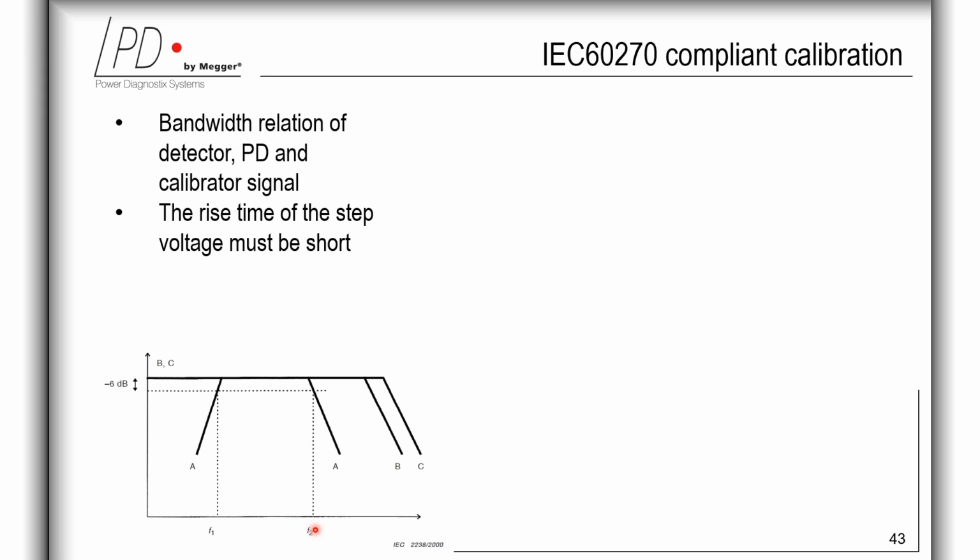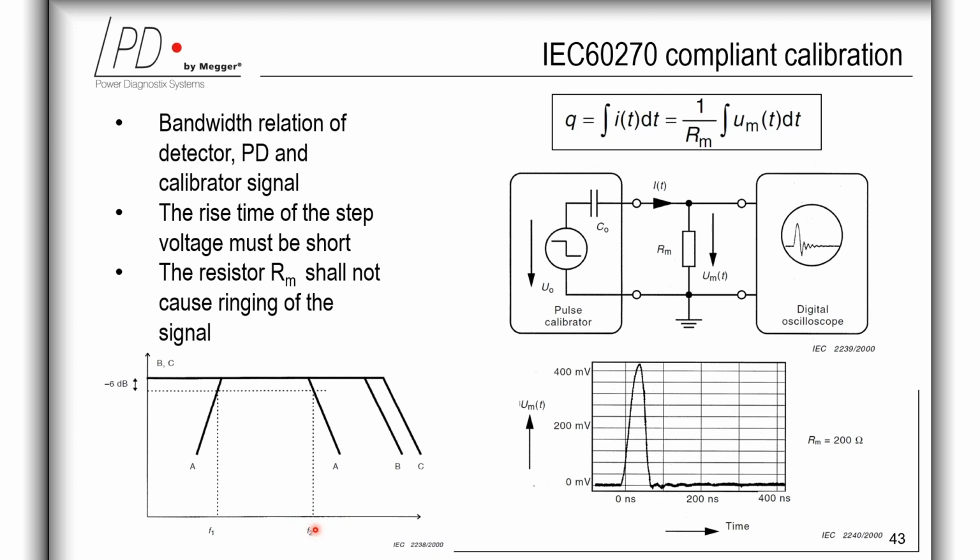And with the revision 2000 of the IEC 60270, an alternative method was included in this standard. And in the appendix, it is described that a digital oscilloscope with numeric integration function is used to integrate the transient voltage drop UM across a measuring resistor RM of 50 to 200 ohms.